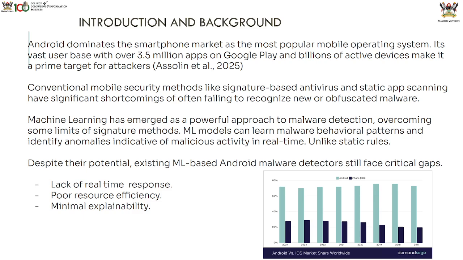Despite their potential, machine learning-based Android malware detectors still face critical gaps. Some of the authors have developed solutions, but those solutions still have gaps. One is lack of real-time response. However much they are using machine learning, they still focus on the static nature, whereby their solutions lack real-time response.